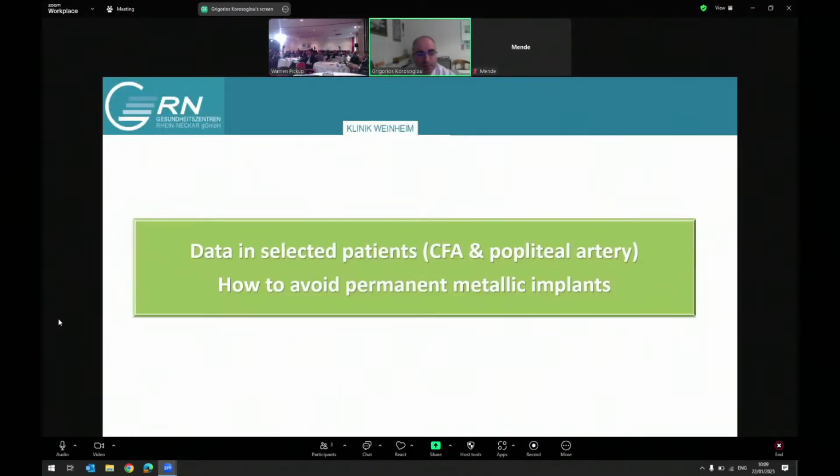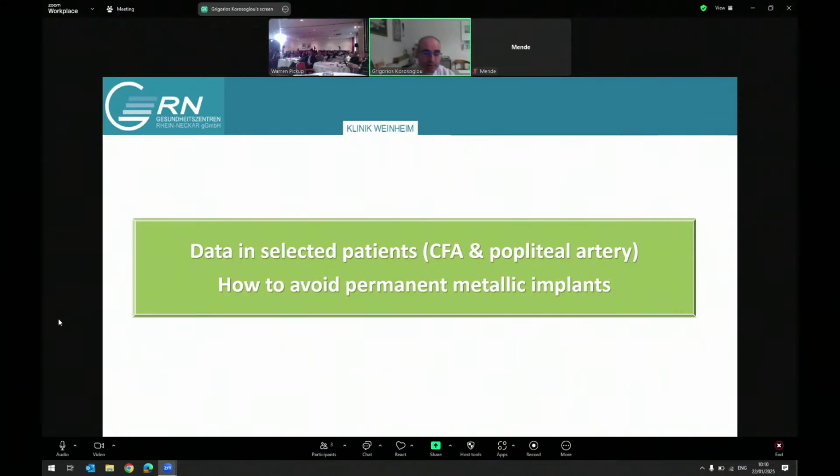As I already mentioned, we also focused on selected lesions. So these are segments where you would like to avoid stent placement. On the one hand, it is the popliteal artery where you have a very moving segment. So here you would like to avoid a stent due to fracture issues and also stent failure issues.